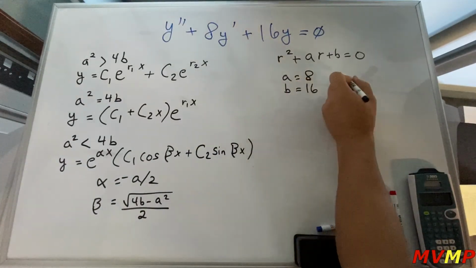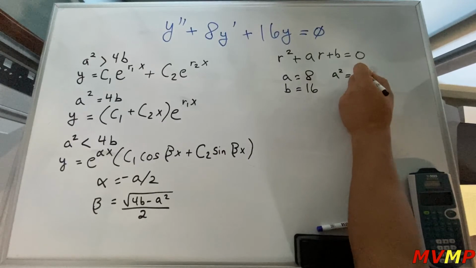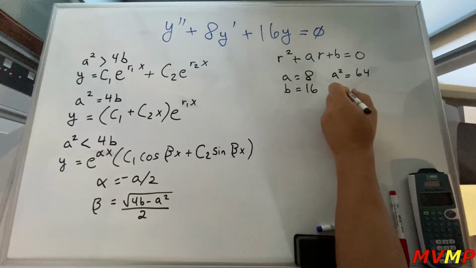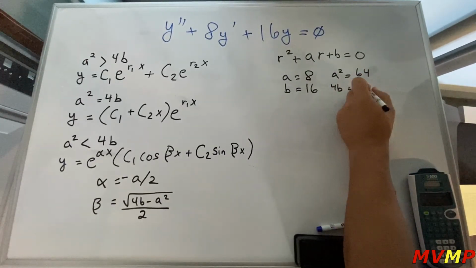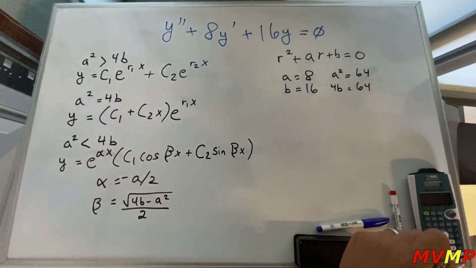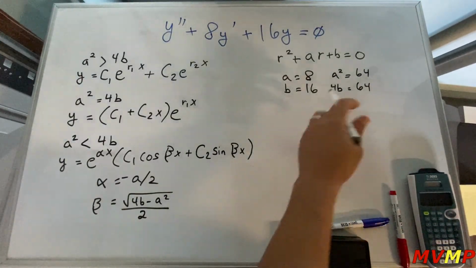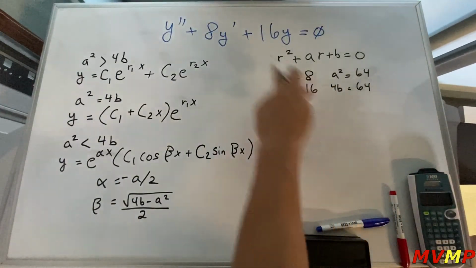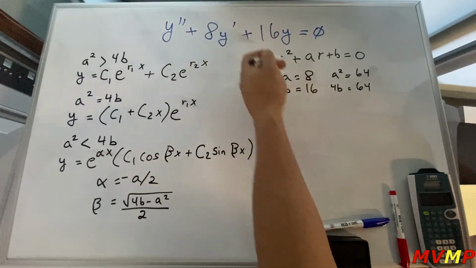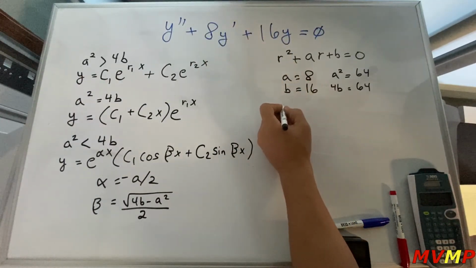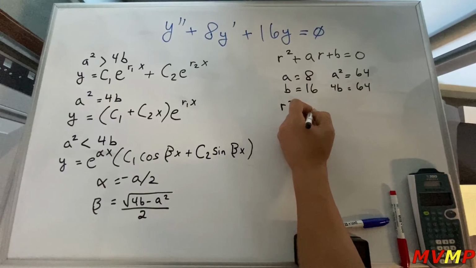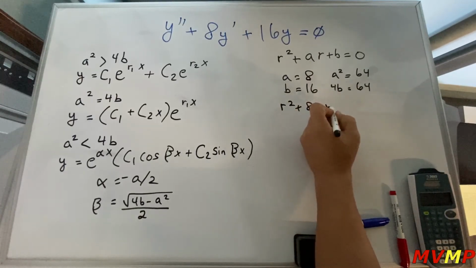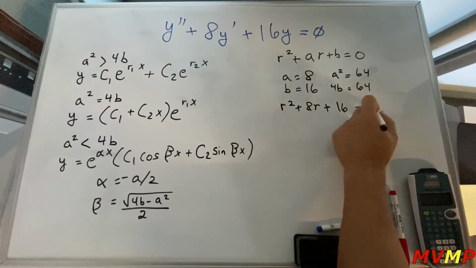Now we go ahead and we do a squared, 64, and our 4b is also 64. And if you go ahead and do the quadratic formula, if you set this up, it would just be r squared plus 8r plus 16 equals 0.